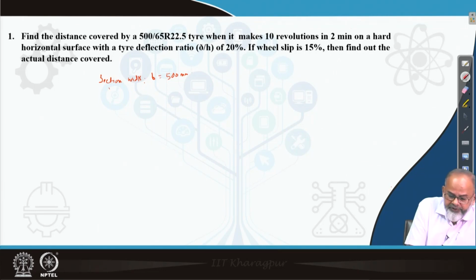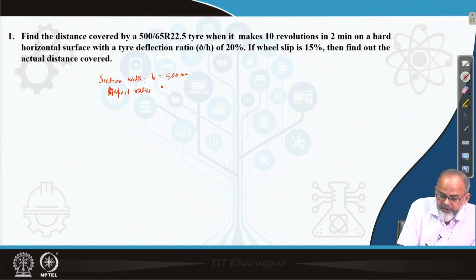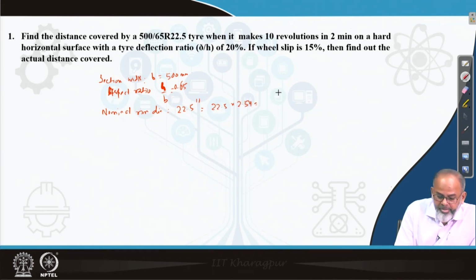Now 65 is the aspect ratio, which is nothing but H by B, 65%. So I can write it as 0.65. Now the nominal rim diameter is 22.5 inches. That means 22.5 into 2.54, which will give you centimeters.